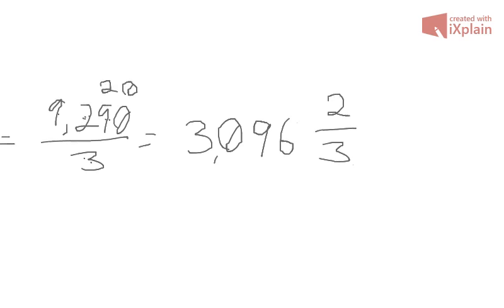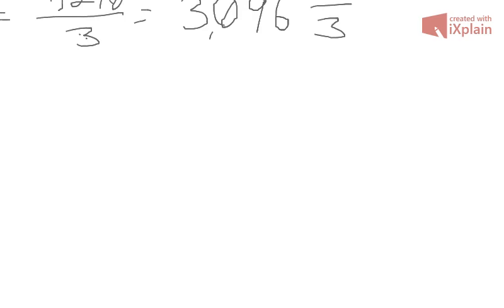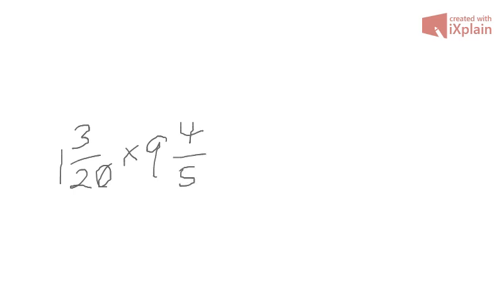Next question is asking, on the planet where you're currently located, the gravitational constant appears to be 1 3/20 the gravitational constant of Earth. So we're going to take our 1 3/20 and multiply it times the gravitational constant on Earth, which is 9 4/5 meters per second squared.